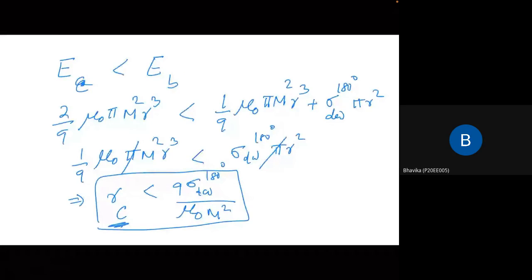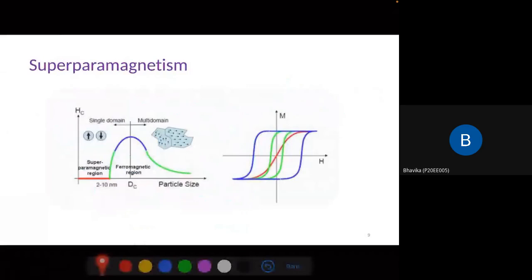Okay. So this figure here shows that the whole exercise we did tells you that we can have a single domain particle. This is possible energetically as well, when we compare the energies of the single domain state and a multi domain state.